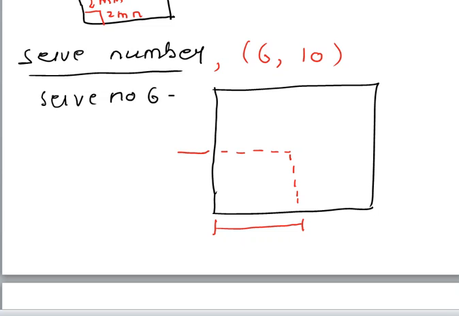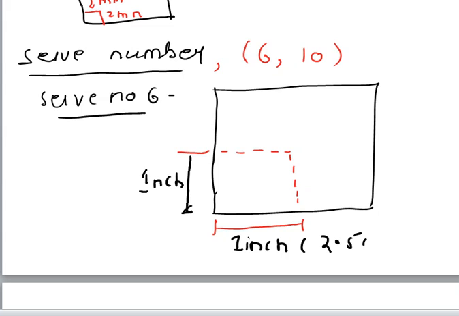In this square, this length is 1 inch, and this length is also 1 inch. What is 1 inch? It is 2.54 centimeters. Remember this. Students get pretty confused while making the unit conversion from inch to centimeter. So just remember it is 2.54 centimeters.